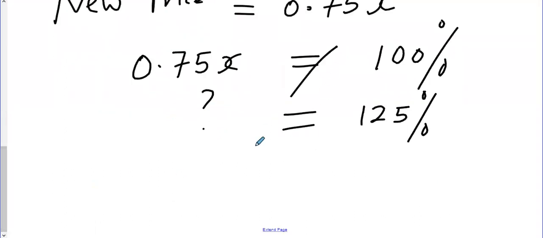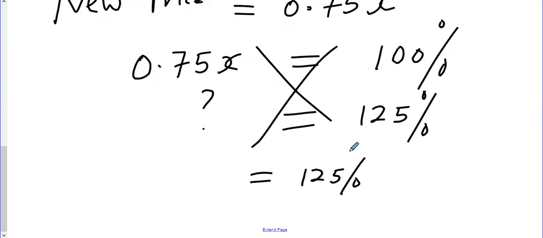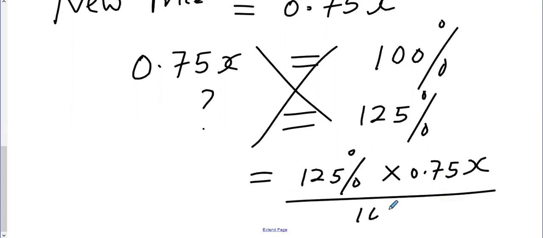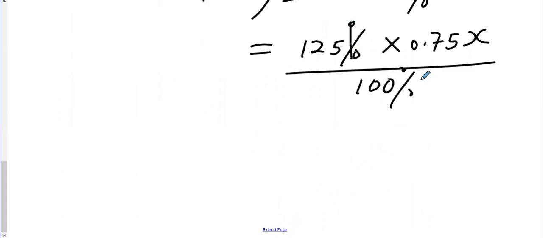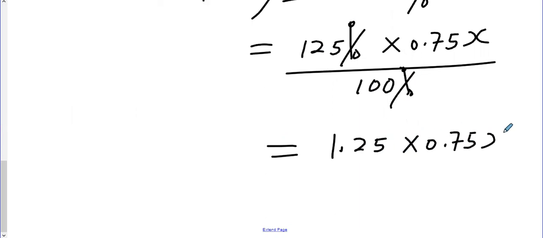So let us do the same thing. This will be equal to 125% times 0.75X over 100%. Cross out the percentages, and we have 125 divided by 100, which is 1.25 times 0.75X.